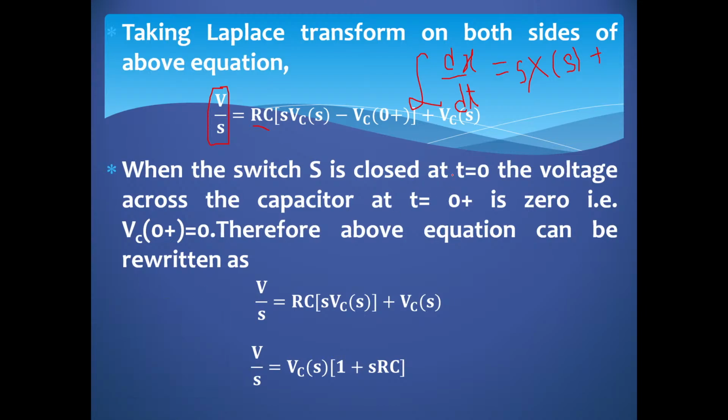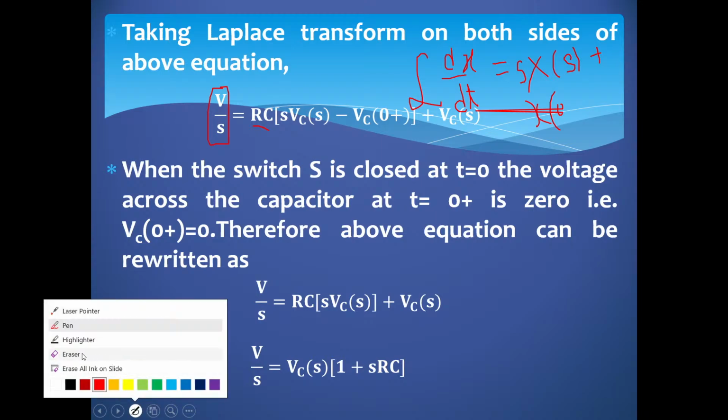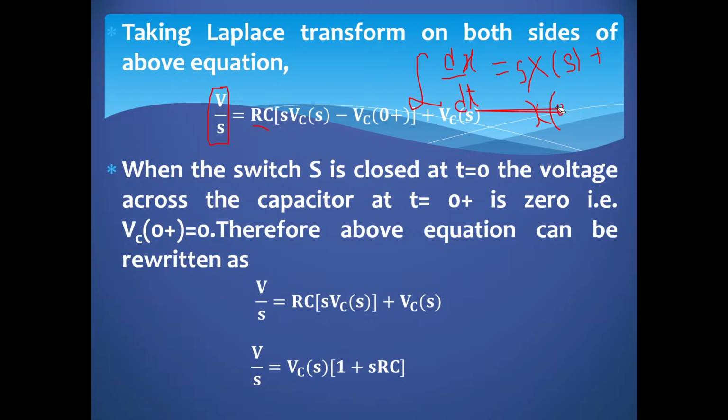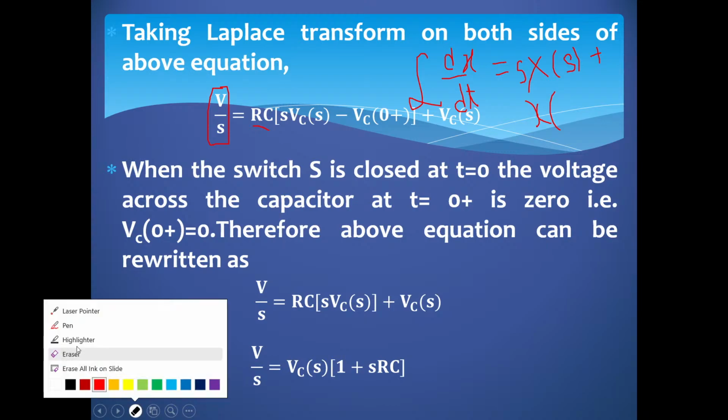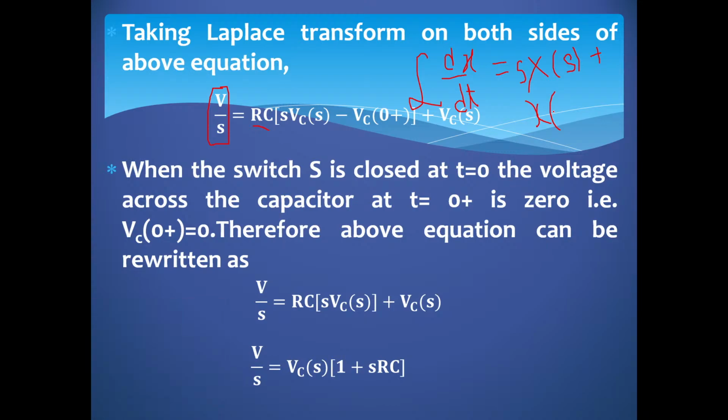Here, 0 plus means the time immediately after closing the switch. So the Laplace of d by dt of x is s X of s minus x of 0 plus.